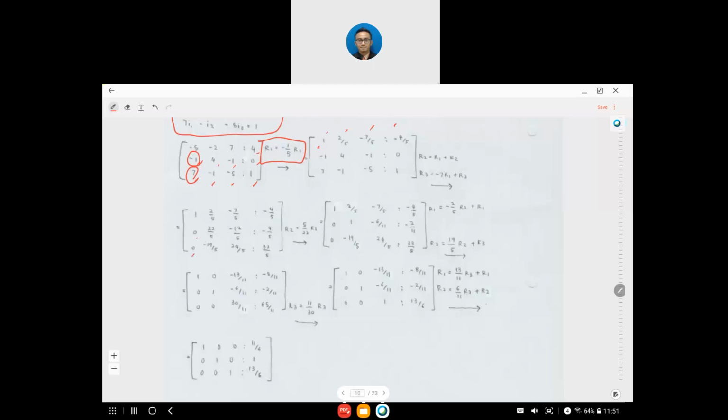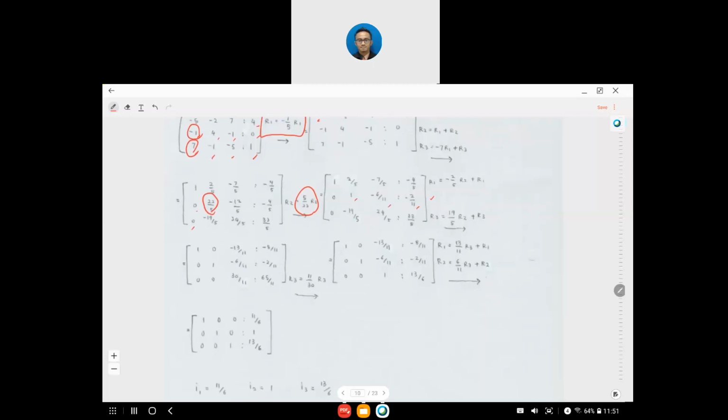Okay, and then change this one. Here it wants to make the middle one 1. So it multiplies by 5/22. So get this one. Okay, and then change this one become 0. Okay.